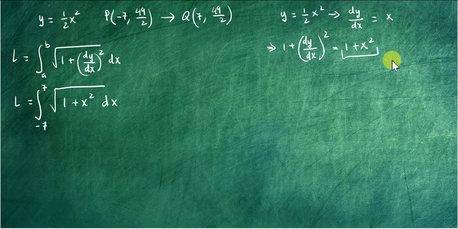Now, because of the symmetry, you can actually reduce the integral to 0 to 7 and double the amount, because we use the property of the integral. And then we have the square root of 1 plus x squared dx.